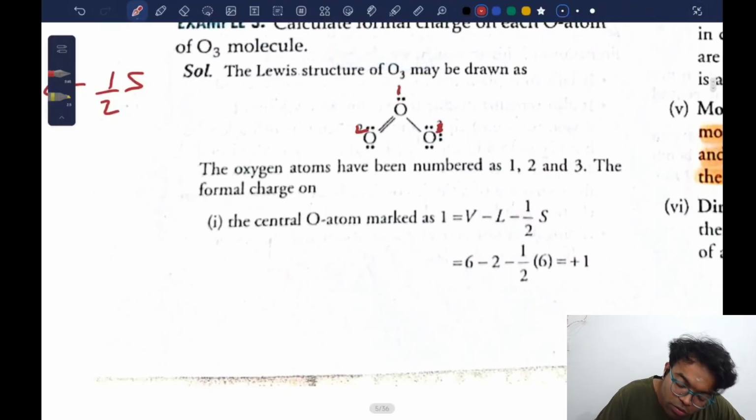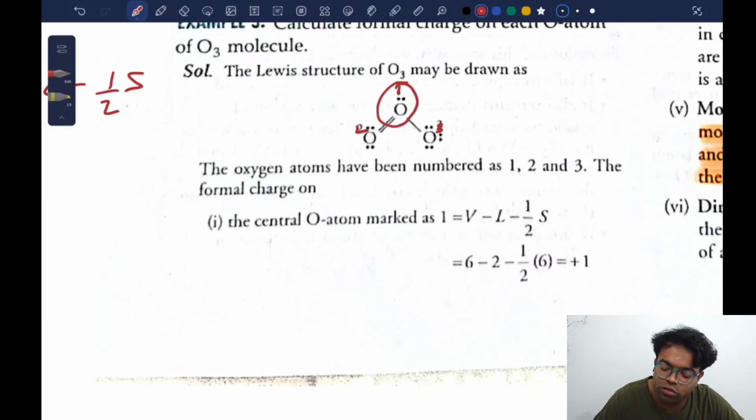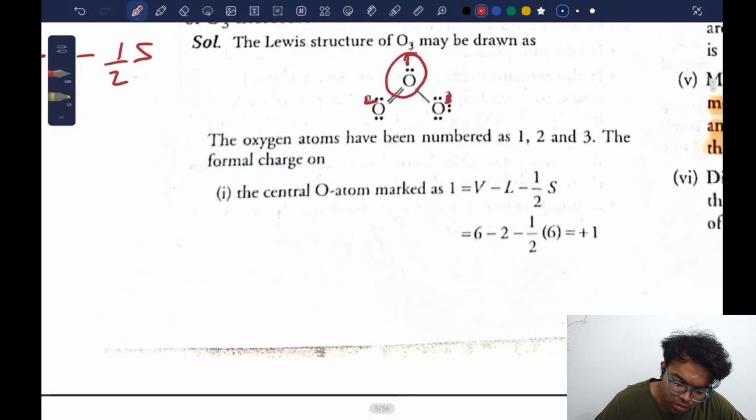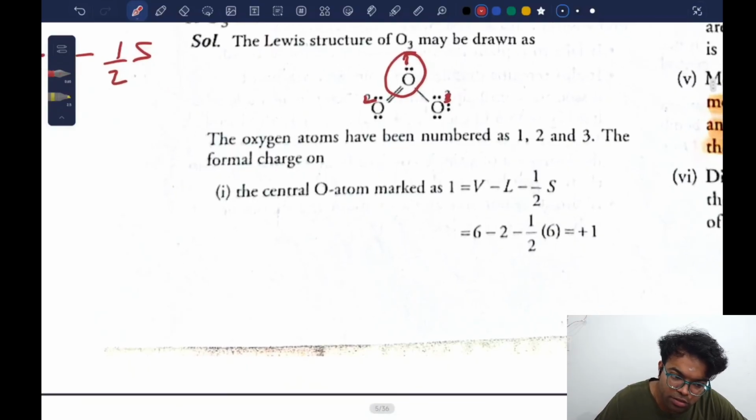Drupad, I'm asking you this one question. How many electrons are present in the valence shell of this oxygen atom, Drupad?